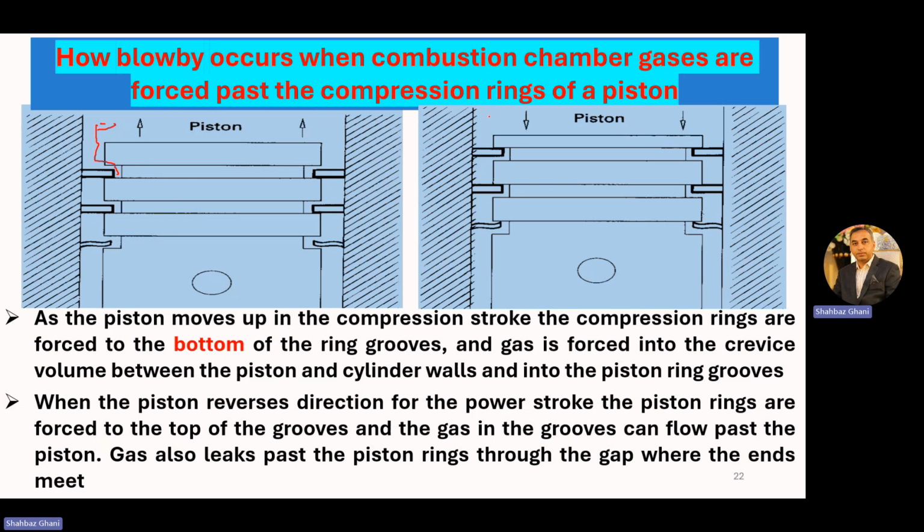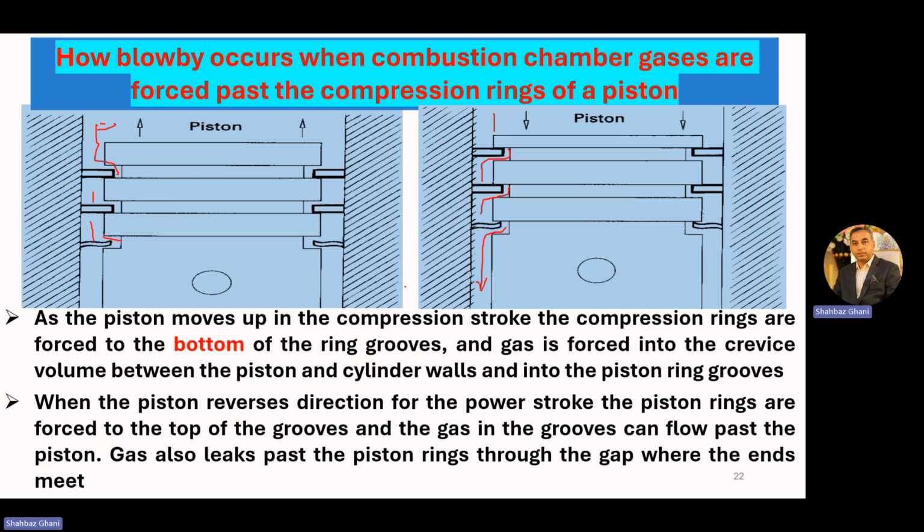Now, when the piston is moving from TDC to BDC, as in the right figure, the rings will rest on the upper surface of the groove. The gas which is already trapped here will come from this area and be entrapped here, and the gas goes on to your crankcase.